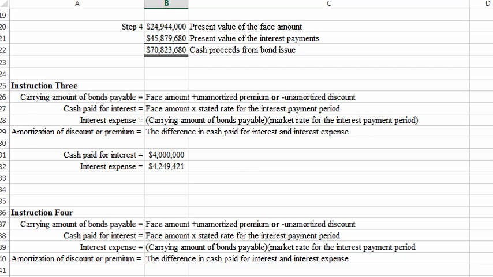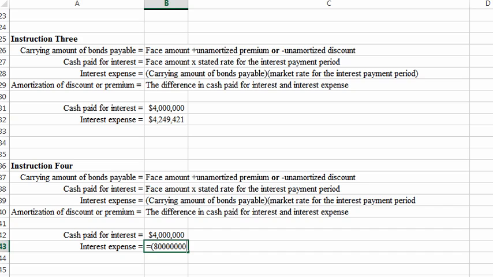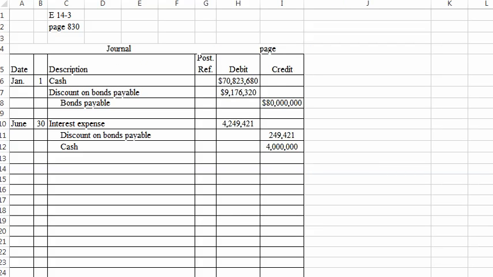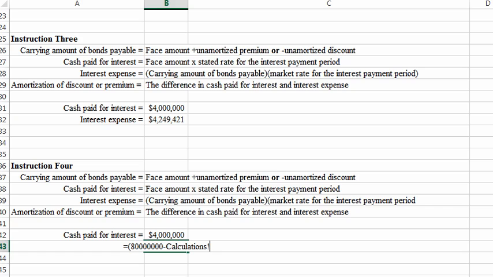Or you could say that 80 million minus the original discount, which was 9,176,320, plus what we amortized, 249,421.